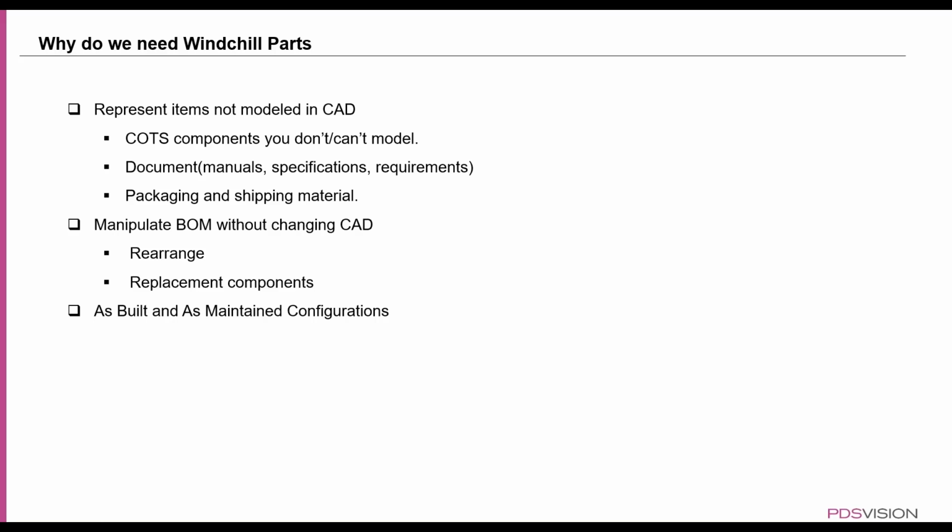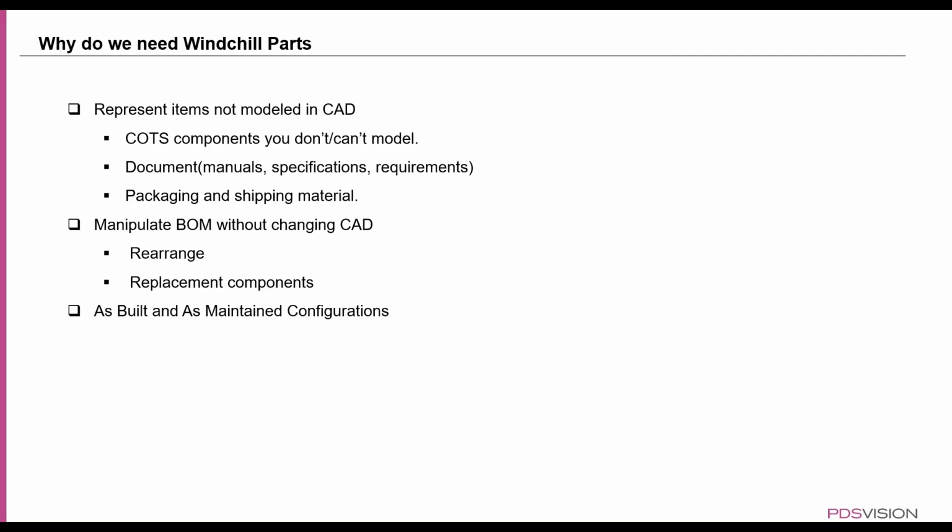And then the question would be, why do we need WT parts? It's for these three reasons. First, WT parts in most cases represent items that are not modeled in CAD, things we can't really model in CAD, like off-the-shelf components that you either don't have or can't model.